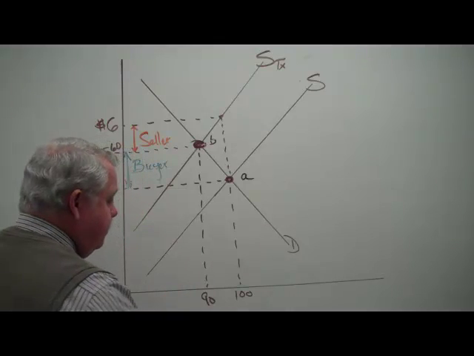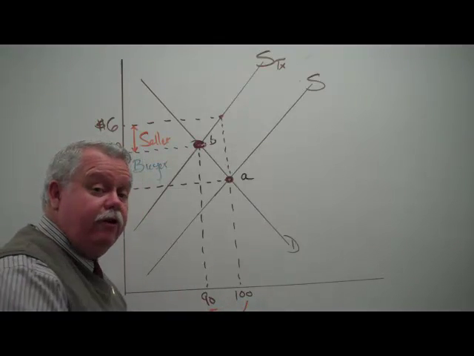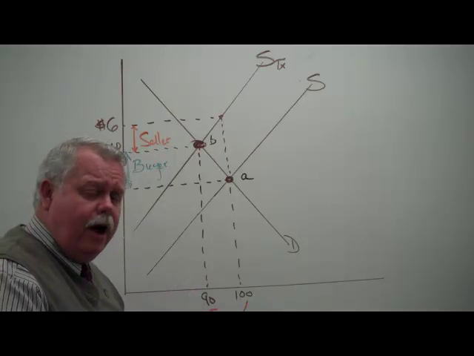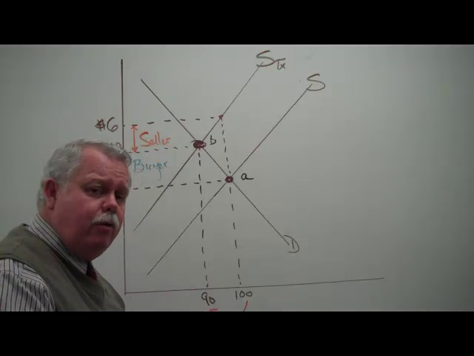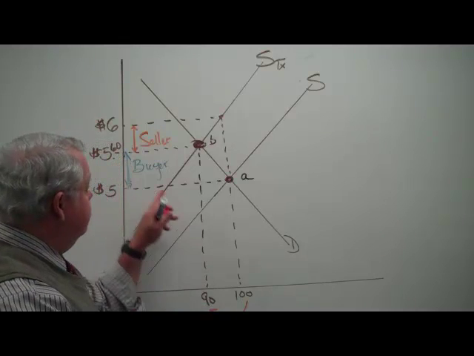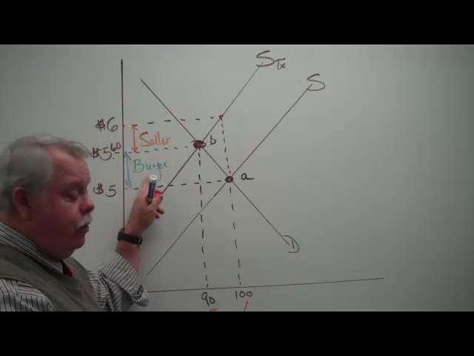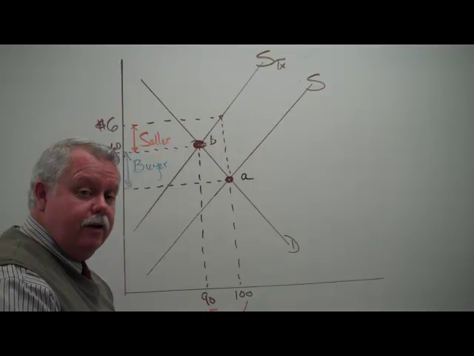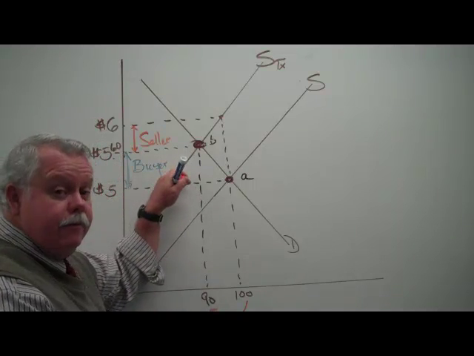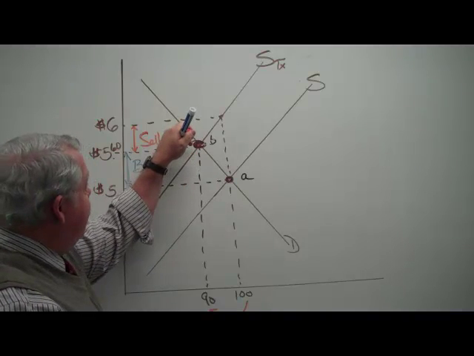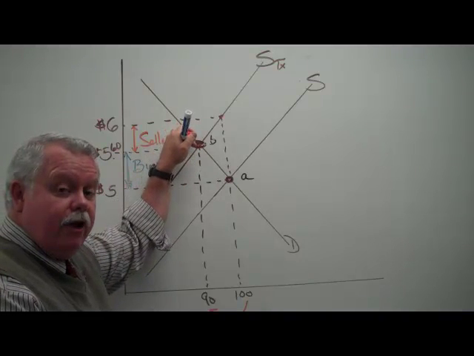And, by the way, he only sells 90 units, so he pays $90 in tax. Of that $90, how much of it was paid by the buyer? 60 cents per unit times 90. Okay? $54 paid by the buyer. The remaining $36 paid by the seller.